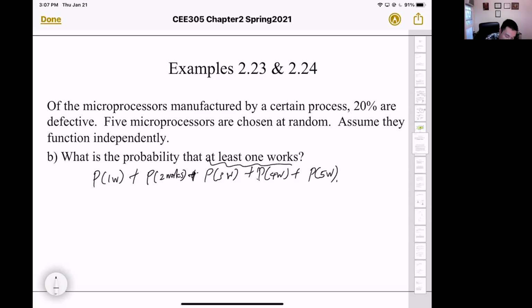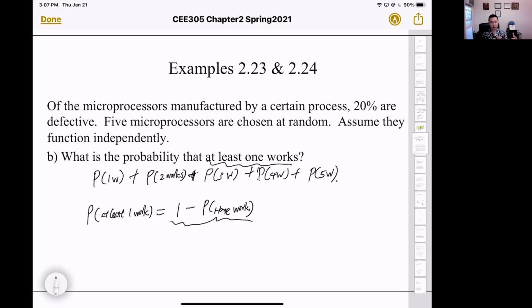Okay. It is also equal to, so P at least 1 work is equal to 1 minus the probability none of the 5 microprocessors work. So this is a much simpler way to calculate.